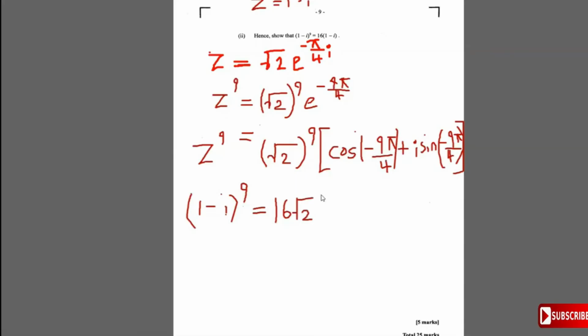And 16 root 2 is multiplied by, putting in a calculator, the cosine of minus 9 pi by 4. The cos of that is root 2 over 2. You can write root 2 over 2 as 1 over root 2.